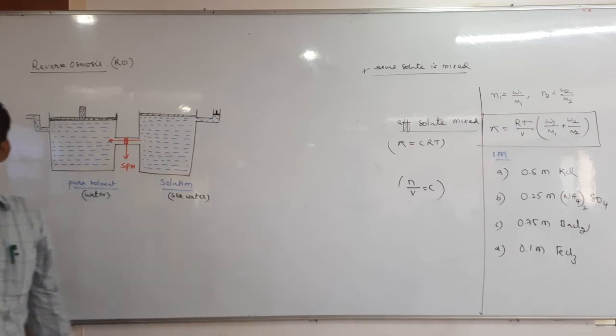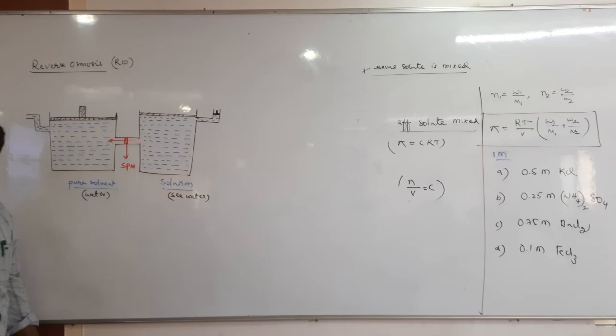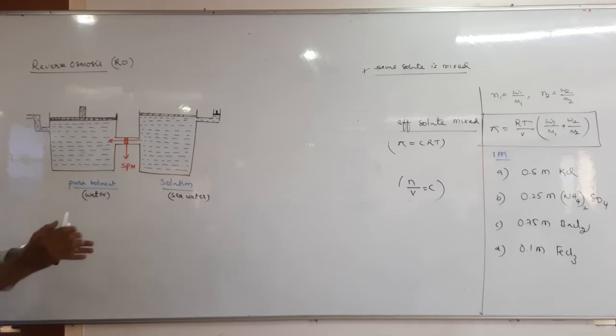This is a very commonly used simple process in all water purifiers. You might have seen water purifiers labeled with RO. Recently different ones are coming, RO, UV, ultrafiltration, UF, right? Labeled with RO is one of the purification processes.